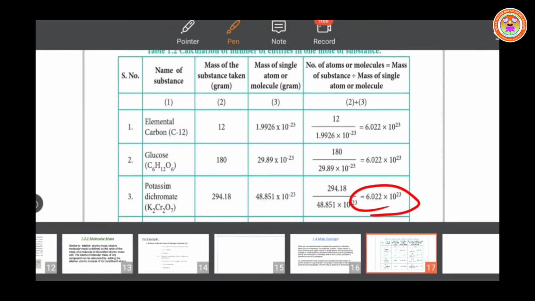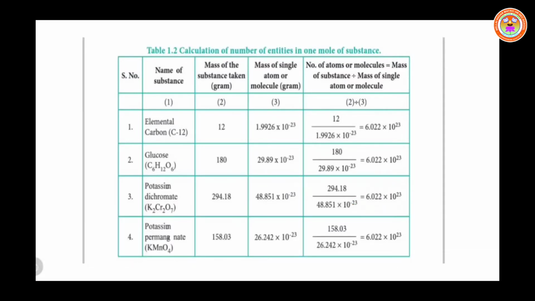Similarly, we can calculate the number of molecules in 158.03 gram of potassium permanganate. The formula of potassium permanganate is KMnO4. If we calculate the number of molecules in 158.03 gram of KMnO4, the number of molecules will be 6.022 into 10 to the power 23.